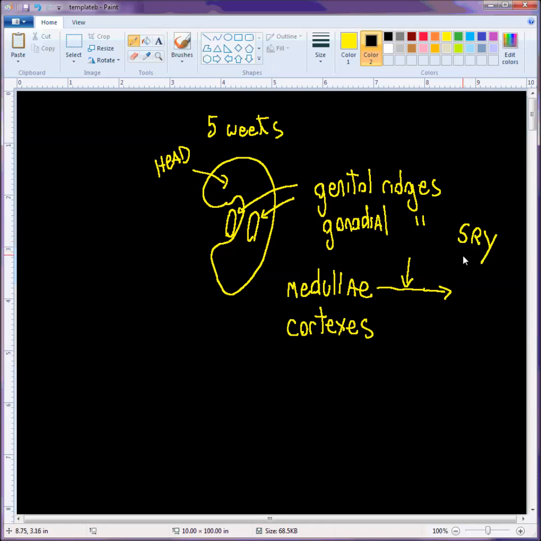Not directly, so the SRY is going to activate some things, and then we're going to end up producing the signal that is going to trigger the medullae to develop into testes. And then the testes will make testosterone, and the testosterone will do some things, but when the testes start being produced, we will actually inhibit the formation of ovaries from the cortexes.